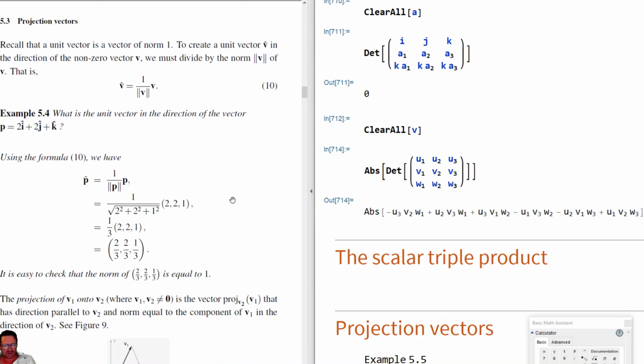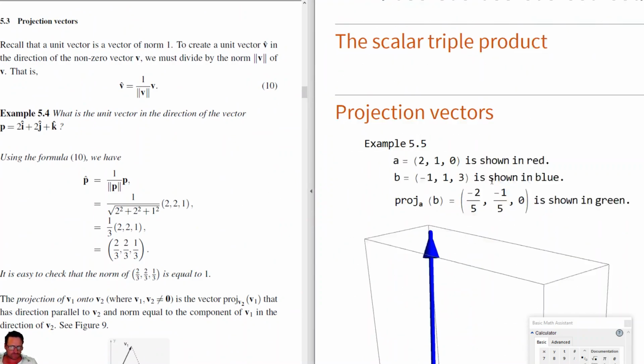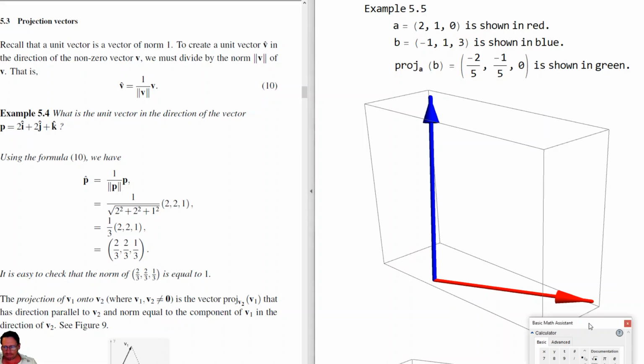So projection vectors, what are these? So I'm going to display some vectors in blue and red, or red and blue. So recall that a unit vector is a vector of norm 1. Now we display that we're talking about a unit vector by putting a little hat on the top. See that little hat on the top of that v?